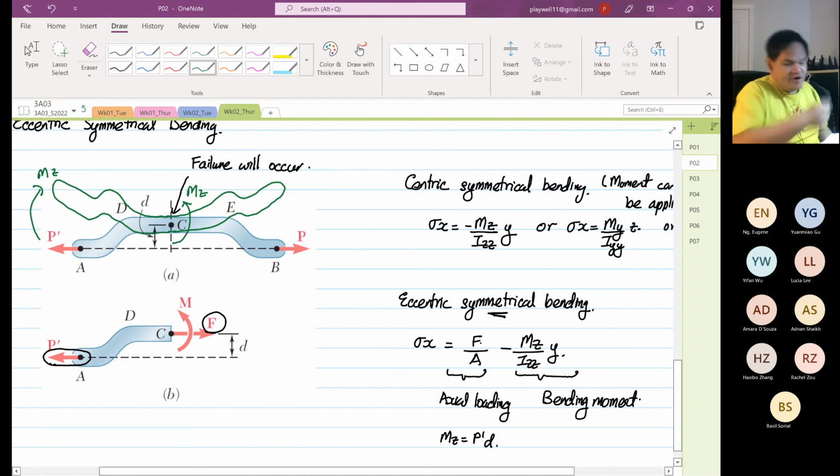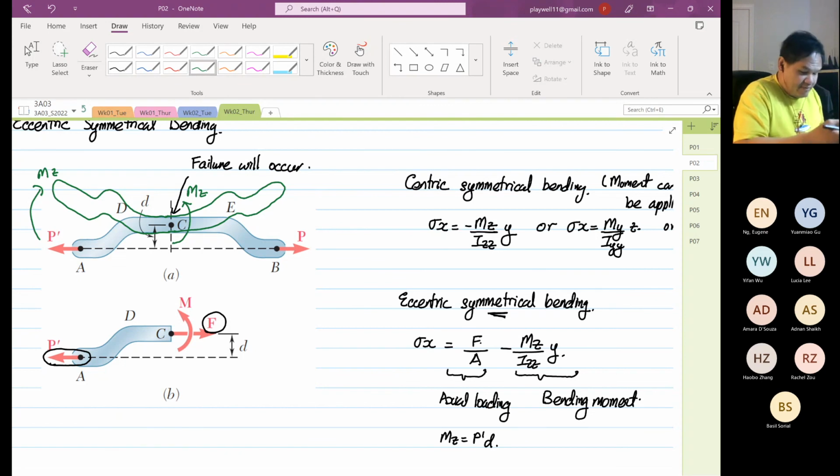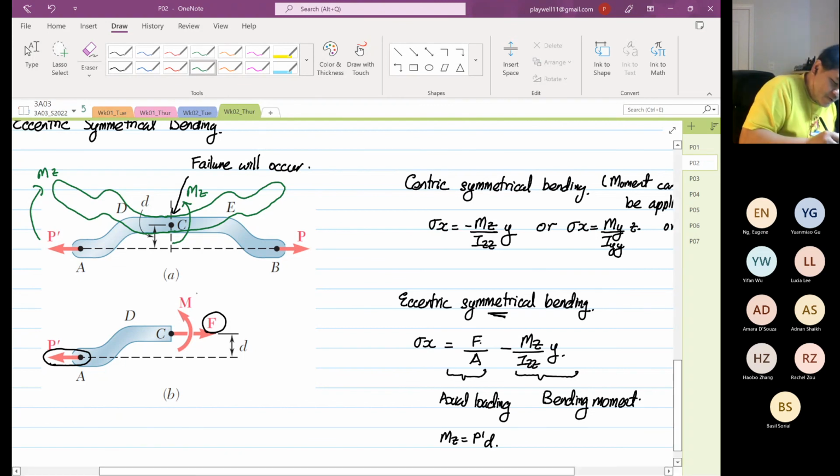Now, once you got the moment transformation, whatever I teach you is still the same. At the head of the moment vector will be under compression. The tail end will be under what? Will be under tension. Still the same.